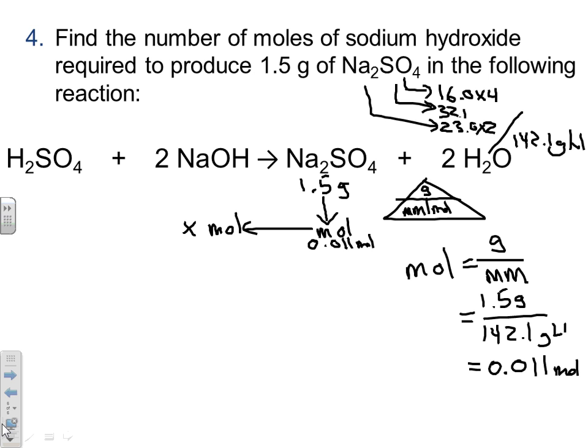X over 0.011, that's a 0 by the way, equals, and what over what in this case? What do you got? 2 over 1. X over this is 2 over 1.